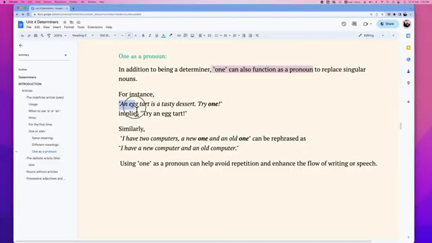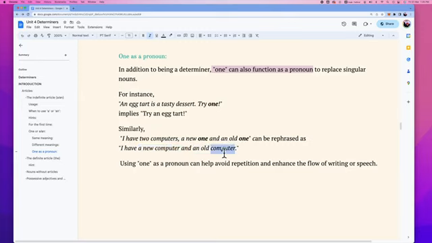And sometimes one functions as a pronoun. Let's take a look at the following situations. For example, an egg tart is a tasty dessert. Try one, implying an egg tart. Similarly, I have two computers, a new one and an old one. It means I have a new computer and an old computer.